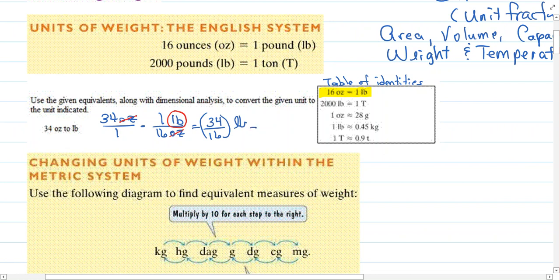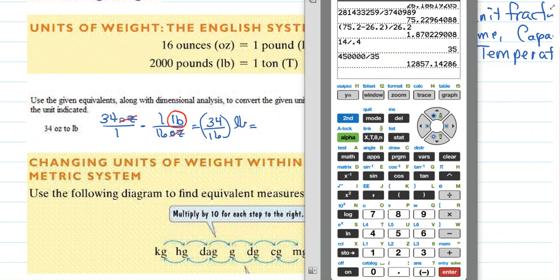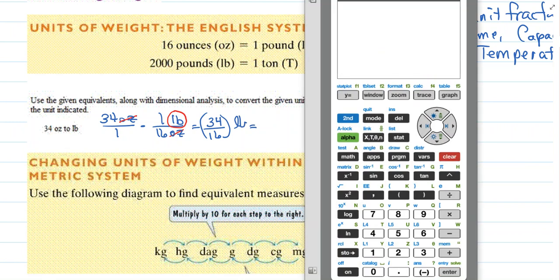So now we're going to use our calculator. I'm going to enter the 34 divided by the 16. I got that right. Okie doke. And enter.